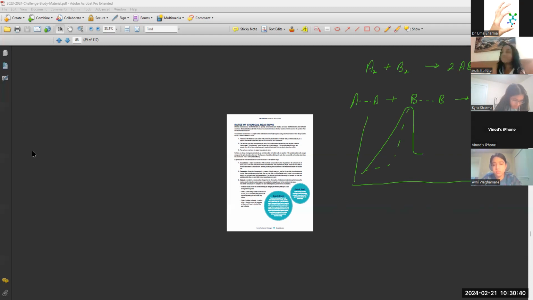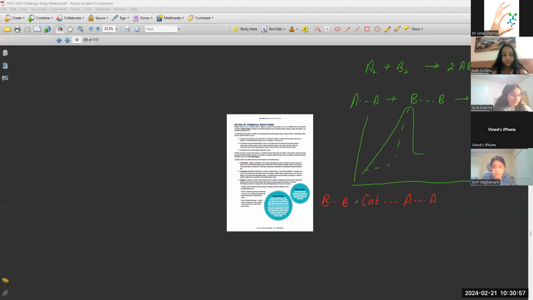When I add a catalyst, children, the catalyst is a chemical. What is this catalyst going to do? The catalyst will start making new interactions with this AA molecule, with this BB molecule.